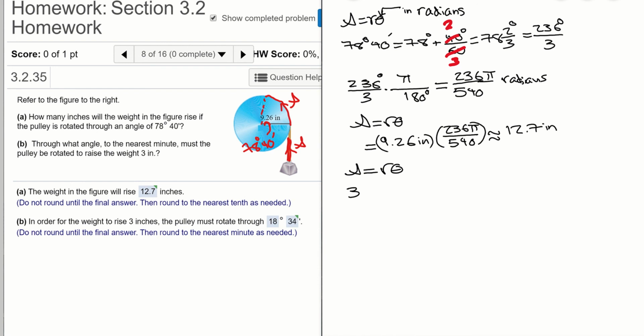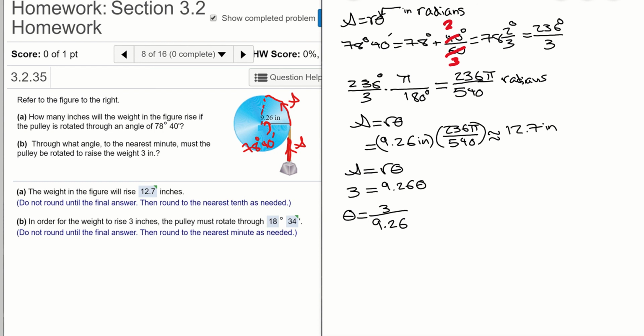So we're going to substitute 3 for S. We know the radius, it's 9.26, and we're trying to calculate theta. So we get theta equals 3 over 9.26. That, of course, is in radians.